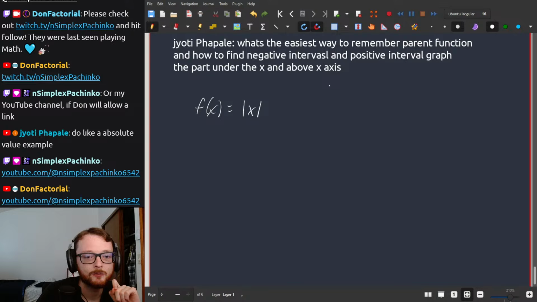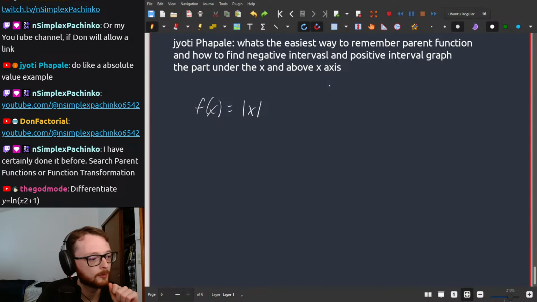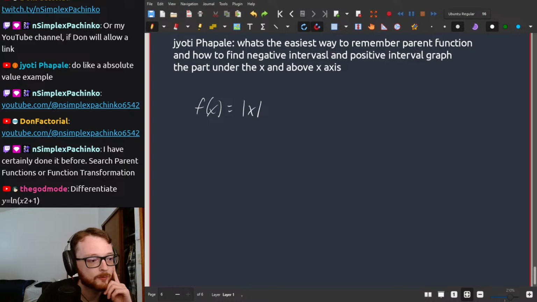Okay, so with parent functions, we consider this to be our parent function, and the things that we do to it are shifting and stretching and reflecting. Oh, okay. Yeah, so you'll find an explanation from OOE if you search for that as well.